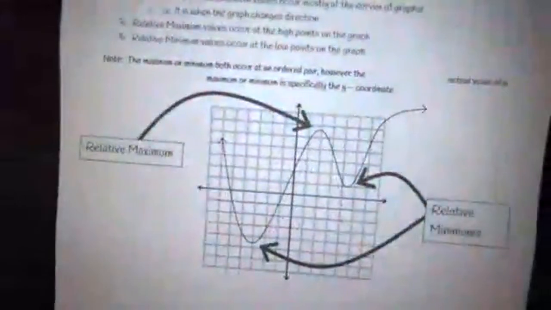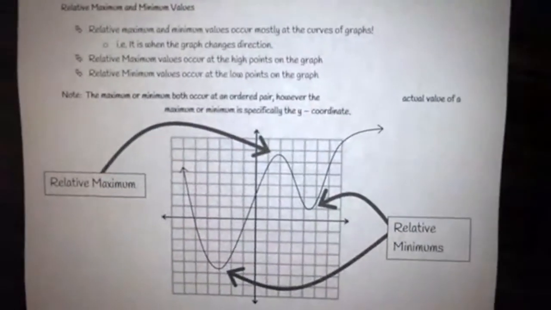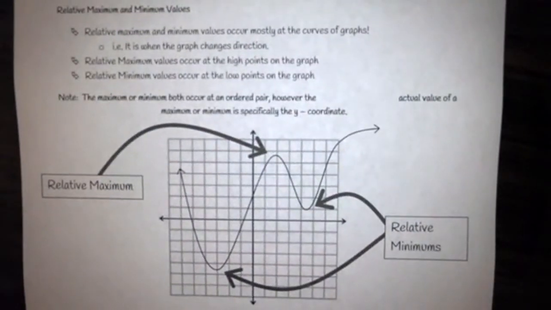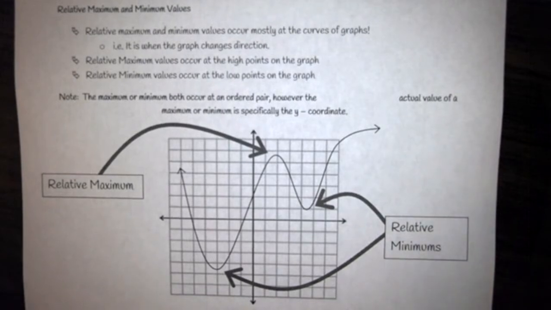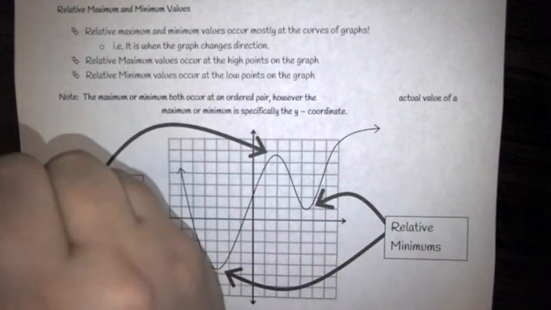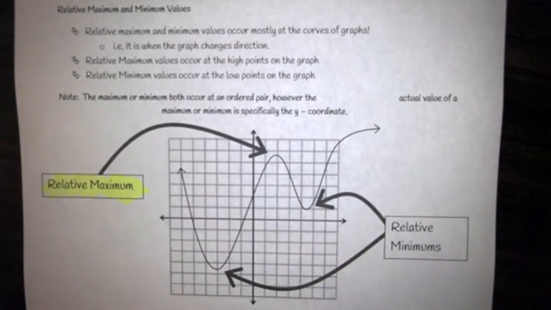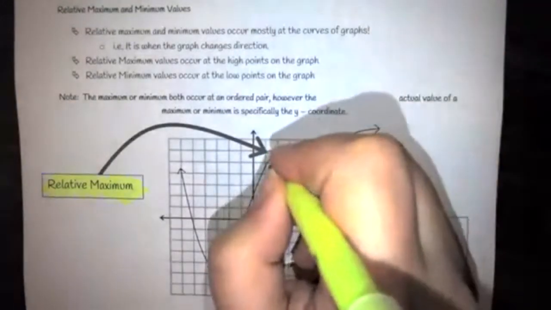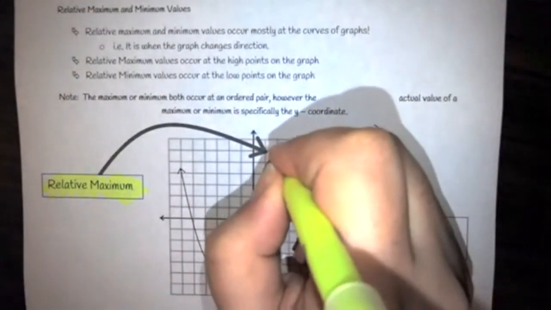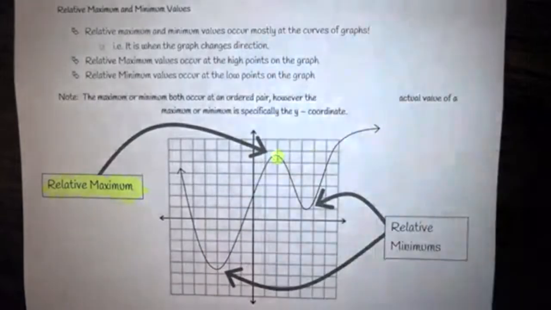Now, another thing that we have to look at is called relative maximum and minimum values. Okay, so again, when we're talking about relative max and min, we are talking about your peaks or your valleys. Here we're talking about a relative maximum, and my relative maximum is going to occur at this specific spot right there.